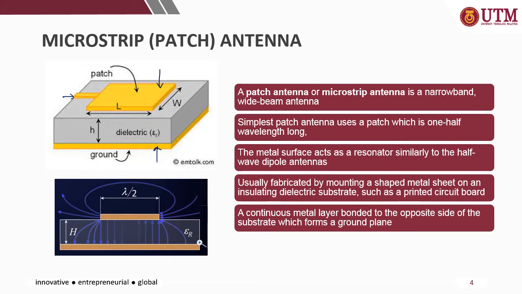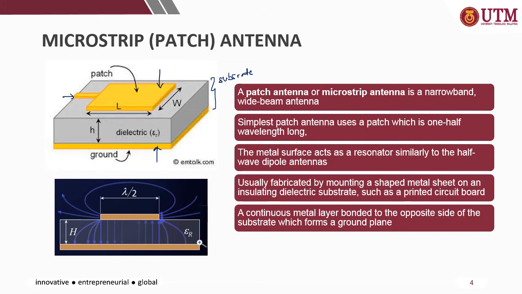The patch and the ground plane are separated by a substrate material, a dielectric substrate, for example, FR4, Rogers, wearable materials, etc. The substrate has a thickness of h and a relative permittivity epsilon r.